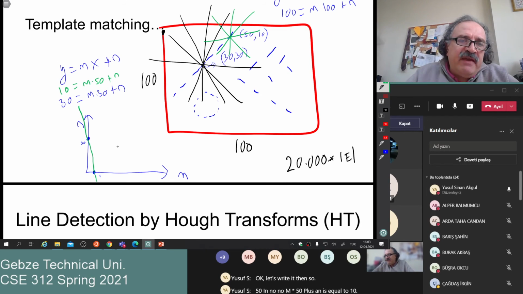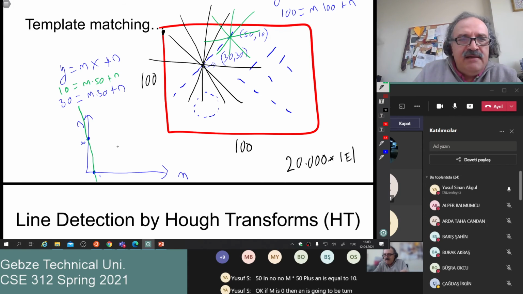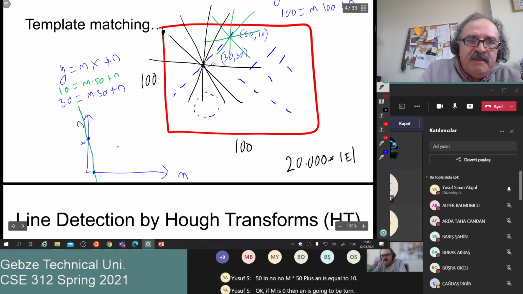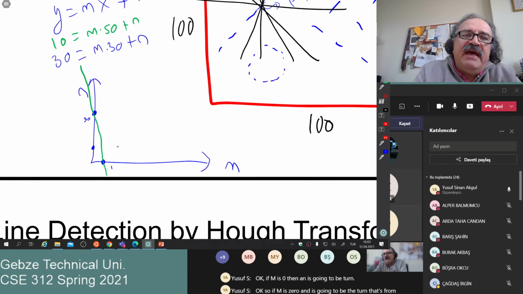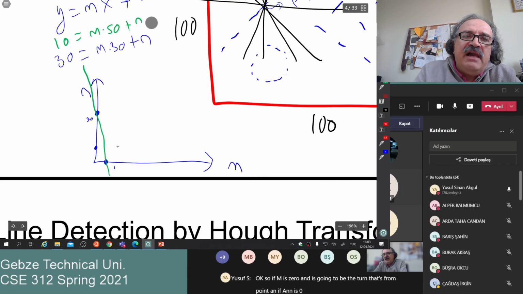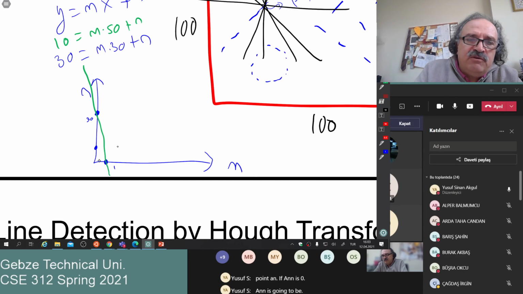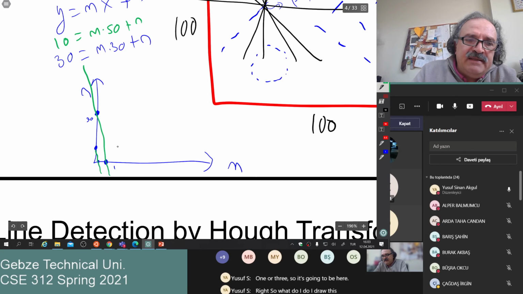If M is 0, then N is going to be 10. And if N is 0, M is going to be 1/5, so it's going to be here, right? So I draw this line, it will go there and it will intersect here.